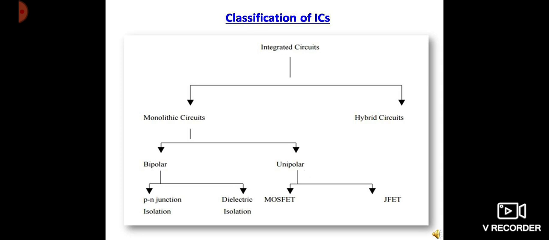Further, you can see unipolar ICs can be classified as MOSFET IC and JFET IC. That is, depending on which type of FET we are using, we can classify unipolar ICs into two types.